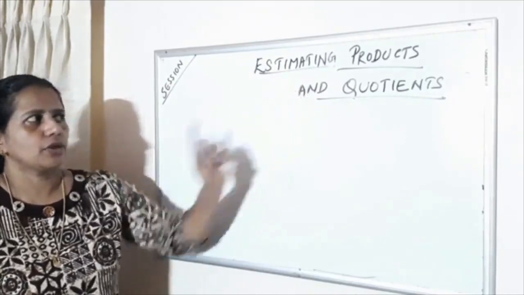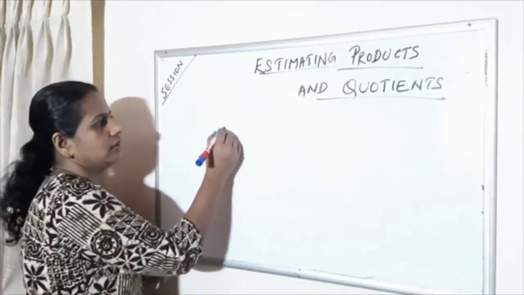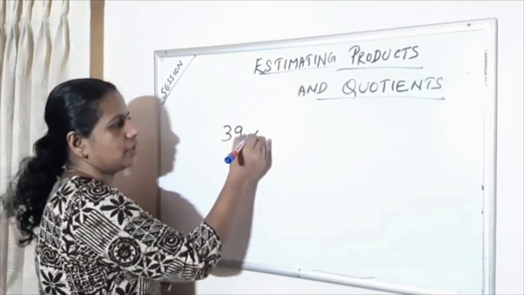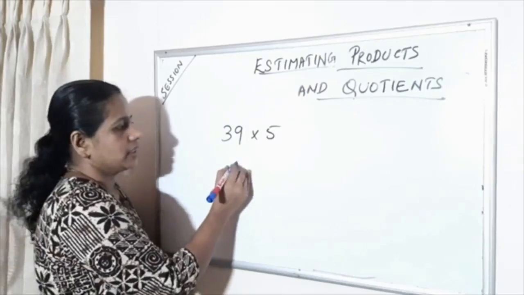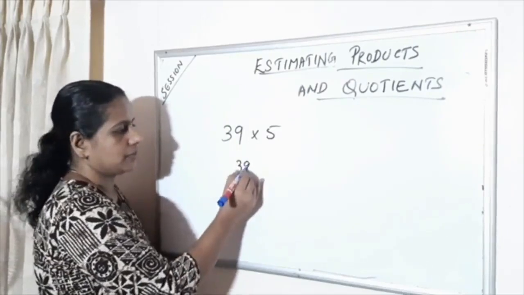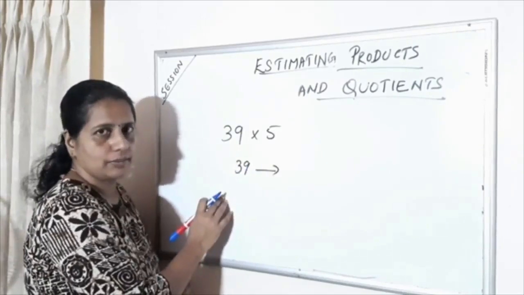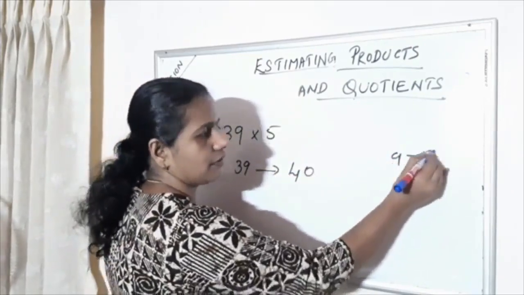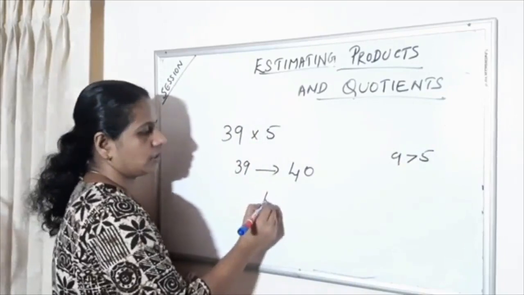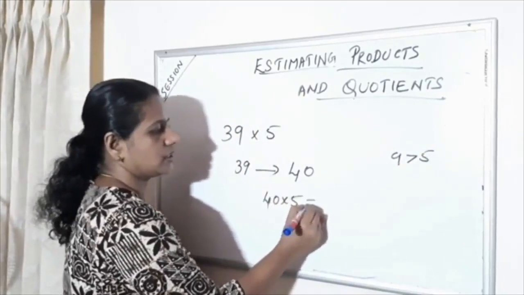Next, estimating products and quotients. 39 into 5. Estimate and find the product. Take 39. 39 is estimated to the nearest 40, because 9 is greater than 5. So 40 into 5 is equal to 200.